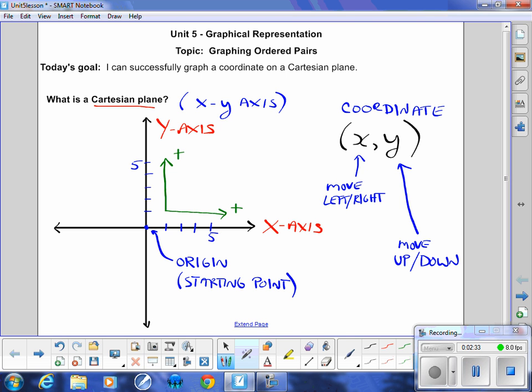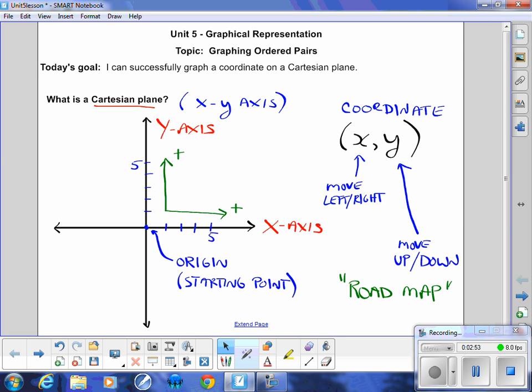All right, so it's like a road map. Very, very similar to a road map or instructions on how to get from point A to point B. That coordinate acts as a road map that tells you how to get from where you're starting from to where you're finishing off. So that is what Cartesian plane means, x, y axes.